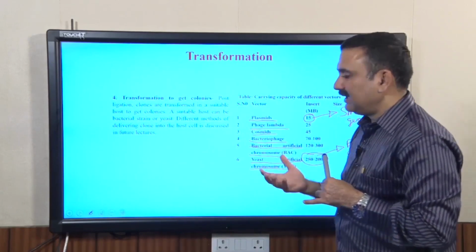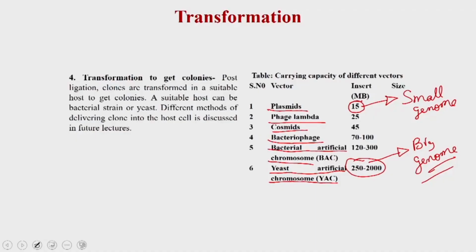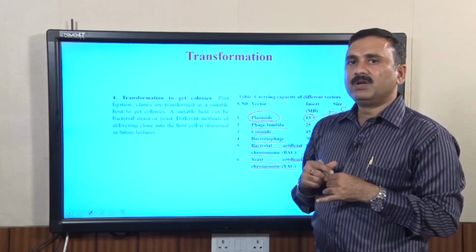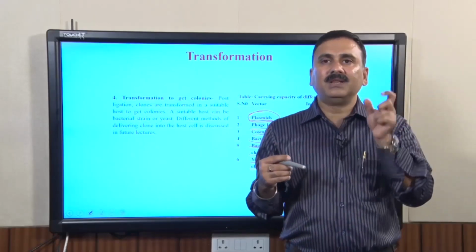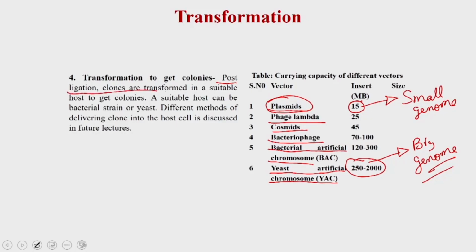Now, once you have done the ligation reactions, you are going to get the clone, and then you will take those clones and transform them into a suitable host. For example, if you have used the plasmid, then you will transform that into the bacteria, and once the bacteria take up that particular plasmid, it is going to give you colonies, and each colony is going to represent a single clone. So, once you do the transformation, the clones are going to be transformed into the host to get the bacterial colonies.